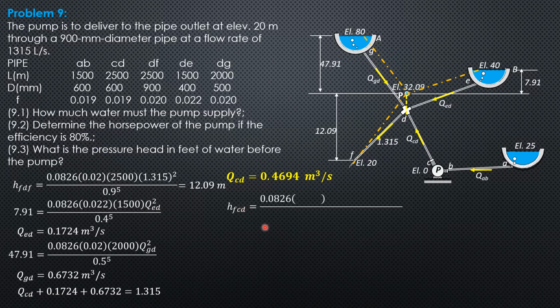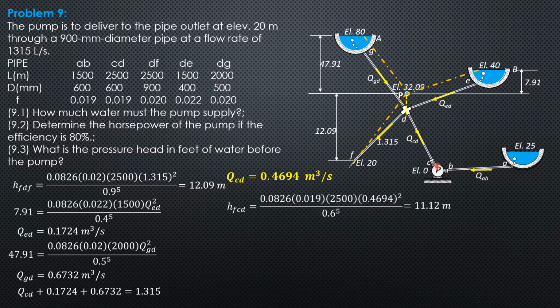So head loss in pipe CD is equal to 0.0826, this one, friction factor 0.09, length 2,500, discharge 0.4694 squared over diameter 0.6 to the fifth. So head loss is 11.12 meters.